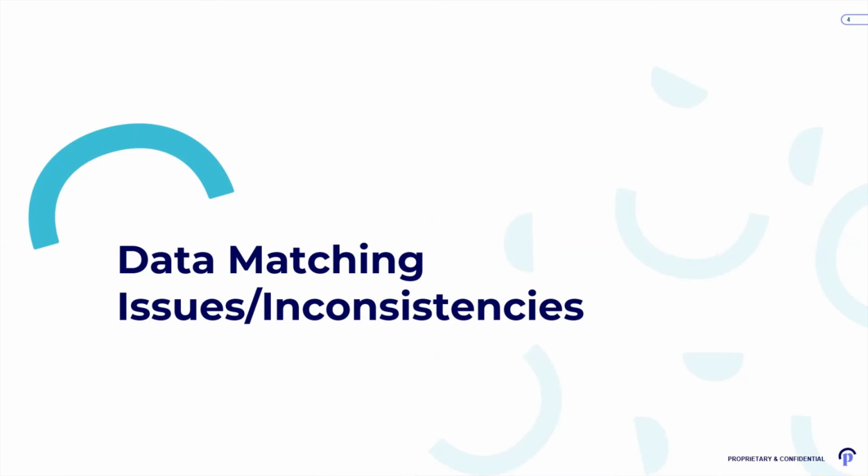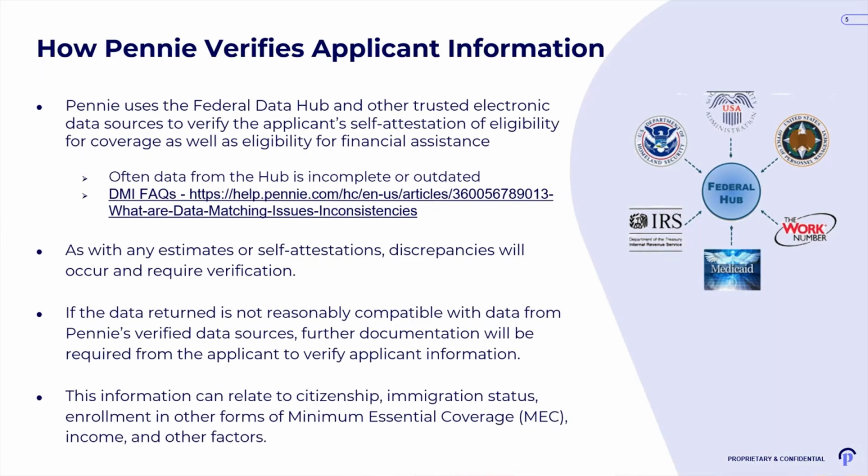When it comes to how Pennie verifies applicant information, Pennie uses the Federal Data Hub and other trusted electronic sources to verify an applicant's self-attestations of eligibility for coverage, as well as eligibility for financial assistance. Often data from the hub is incomplete or outdated.